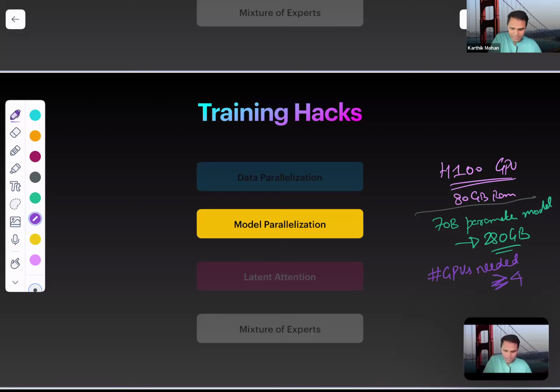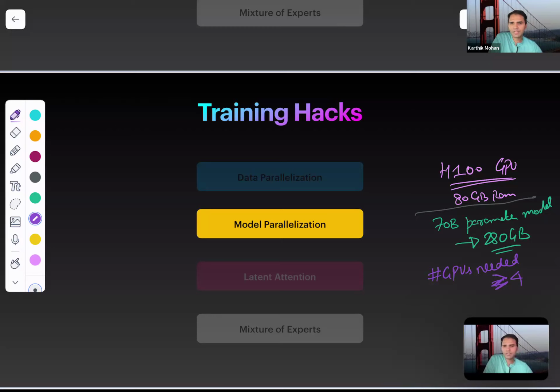So it's just necessary to do model parallelization. If you have a large model, you simply cannot load it in memory and hope to optimize the parameters. Every batch of data that you pass in, all the parameters get updated, so you'll need to work with different GPUs to understand which GPUs are holding which parameters.